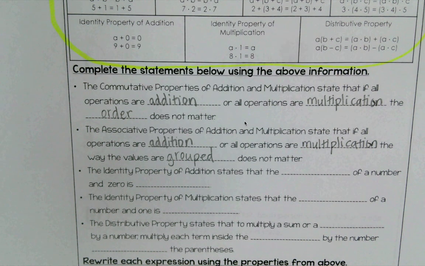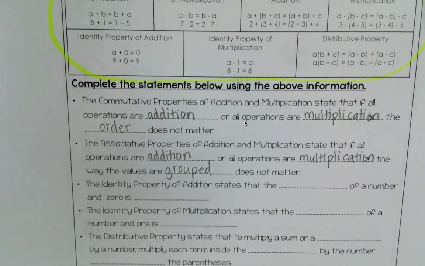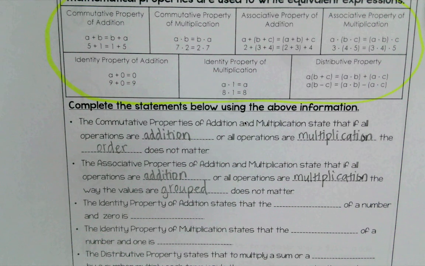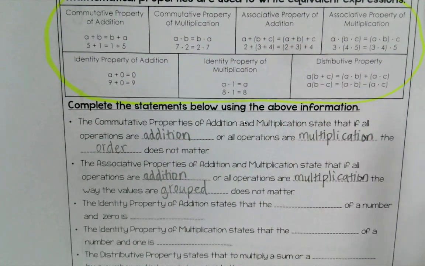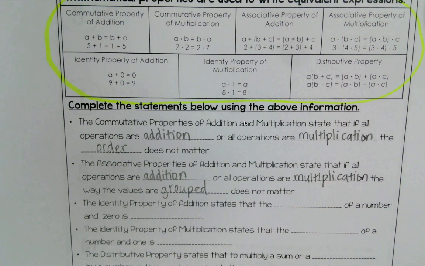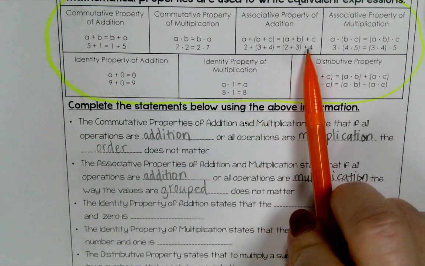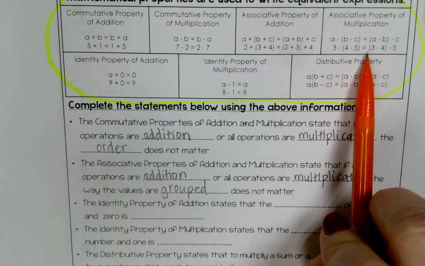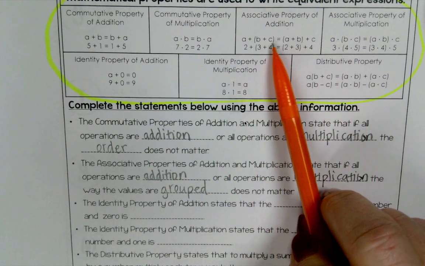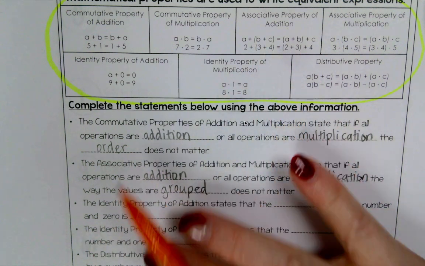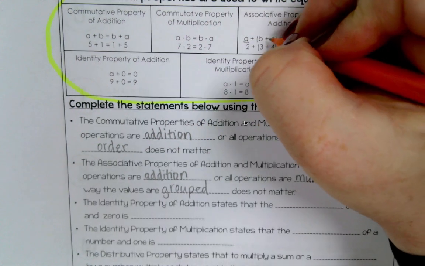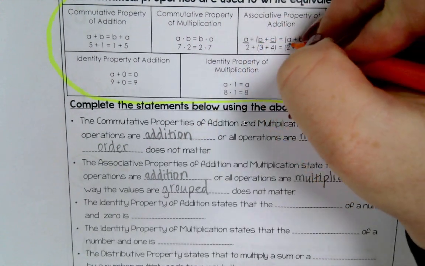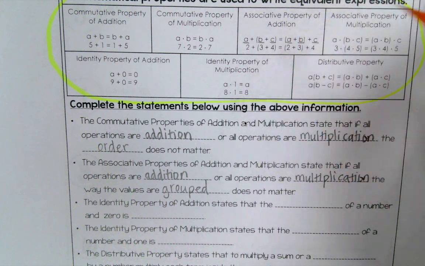When you have to identify properties, the first thing to ask yourself is, is it all addition, or all multiplication? If it is, because you will see grouping symbols, the parentheses, look at your variables or integers in this particular example.